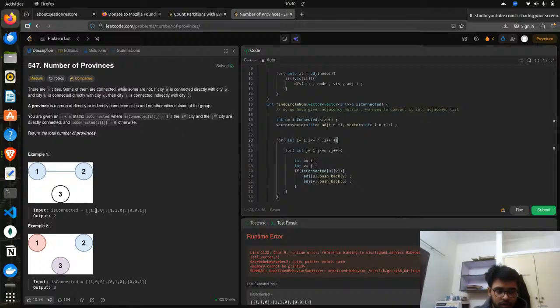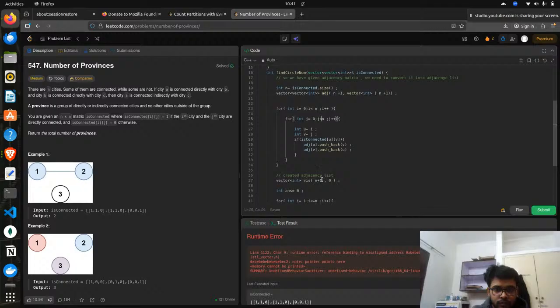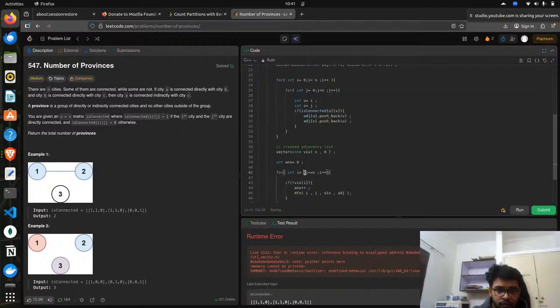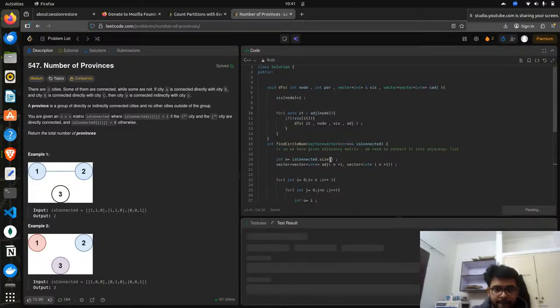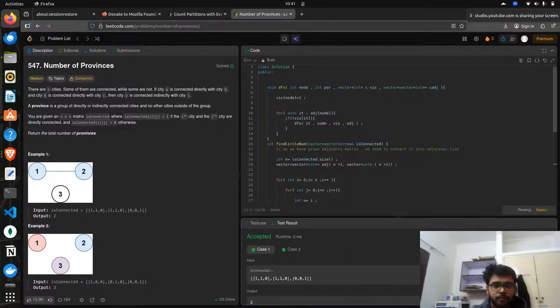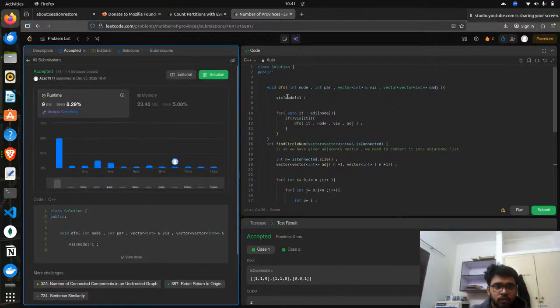Here n equals 3, but we are accessing the third index, which will give an incorrect answer. So we can start from 0. So it got AC.